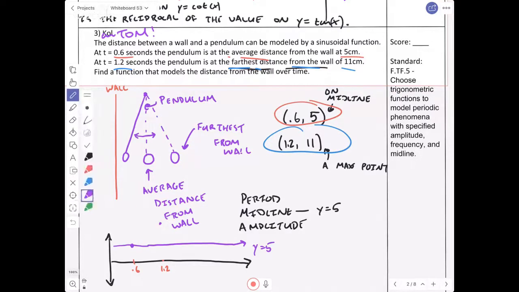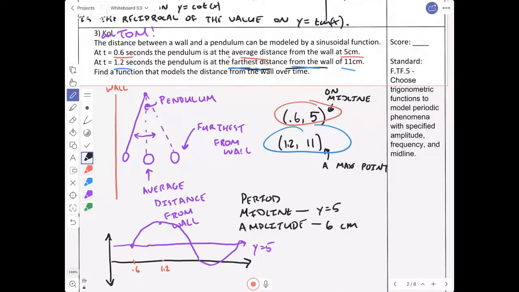So far I can see my curve doing this and this. So obviously it's going to come back down and down and down. It looks like it has to go through the wall, which is a little weird, but we'll go with it. And back up. I can see now that my amplitude must be this difference between 5 and 11. So the amplitude must be 6 centimeters.